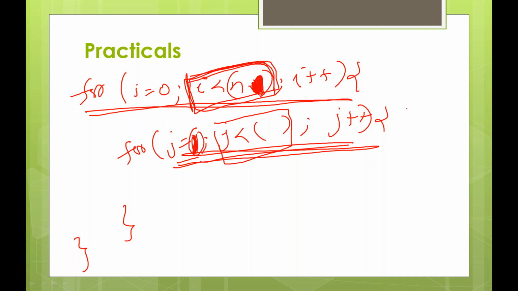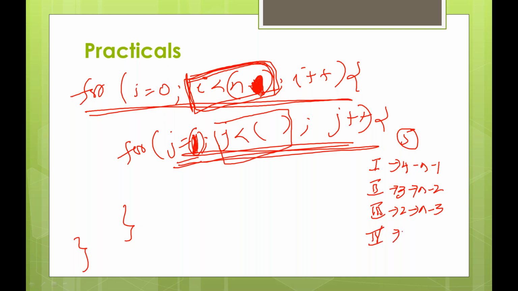So let me write that expression again. Let us consider 5 elements. For the first iteration we have 4 comparisons, that is n minus 1. Second, 3, n minus 2. Third, 2, n minus 3.